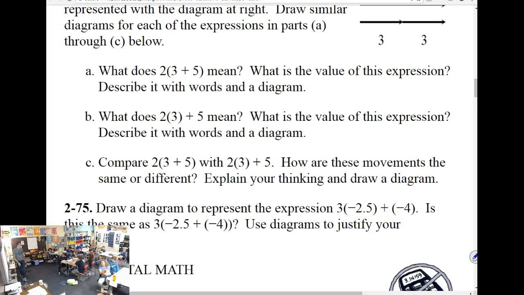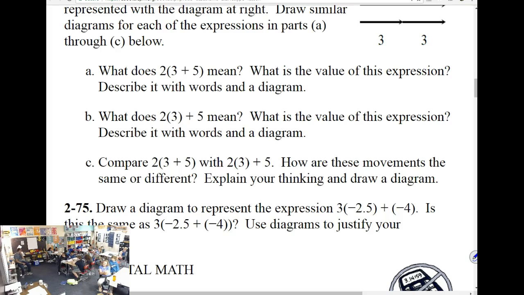So what's the difference between the expression in A and the expression in B? What's the difference between those expressions? Are they the same or not? Jesse says they're not the same. Why are they not the same, Jesse? Because you're adding 5 and 3 instead of multiplying 2 and 3.